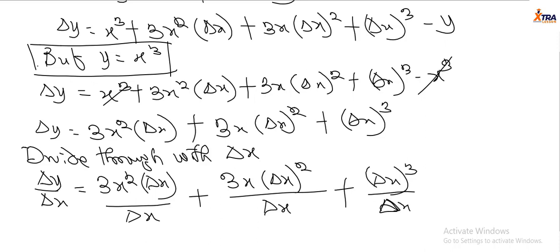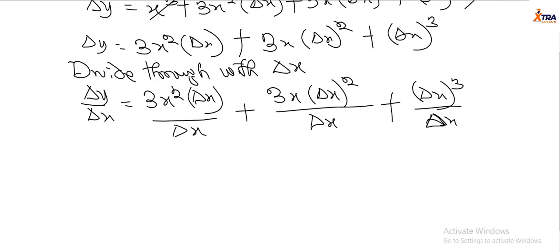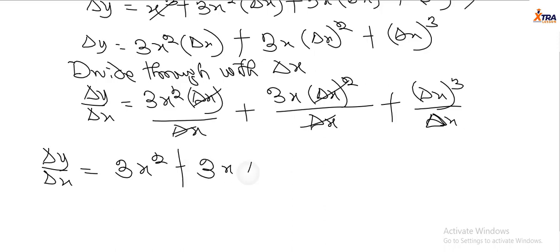Now we cancel delta x, and we have delta y over delta x equals 3x squared, plus 3x delta x, plus delta x all squared.